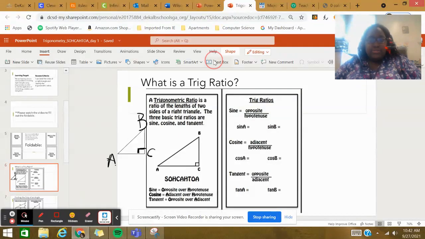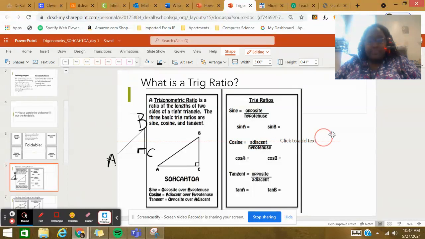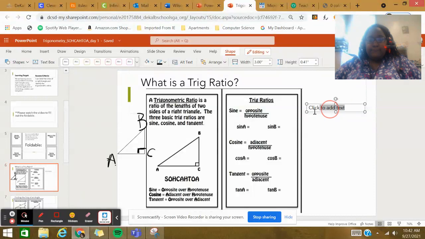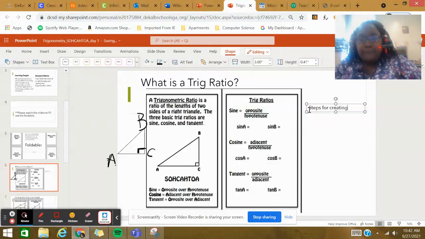The very first step you want to be able to do is to, well, first draw your angle mark.